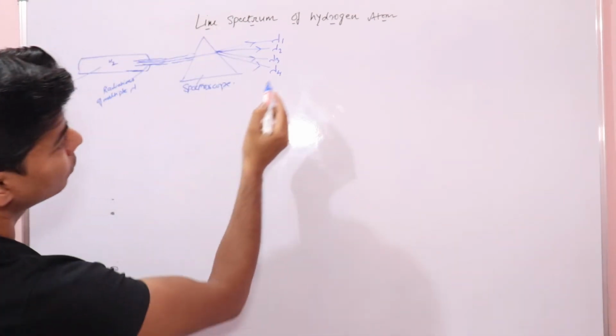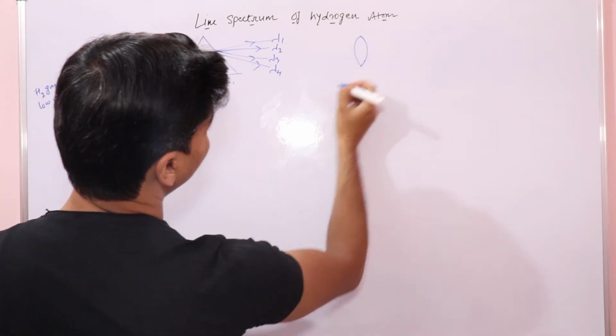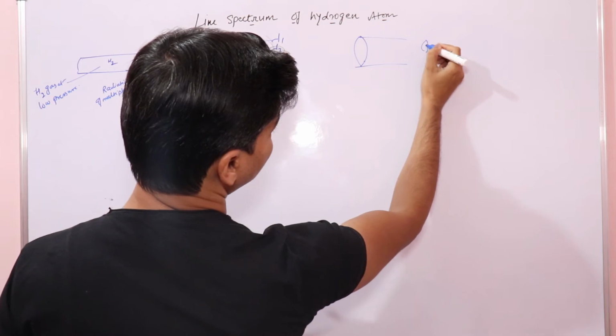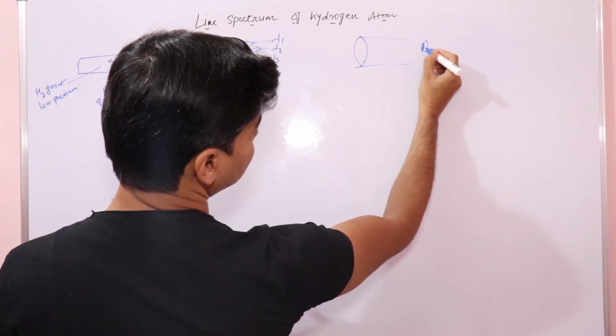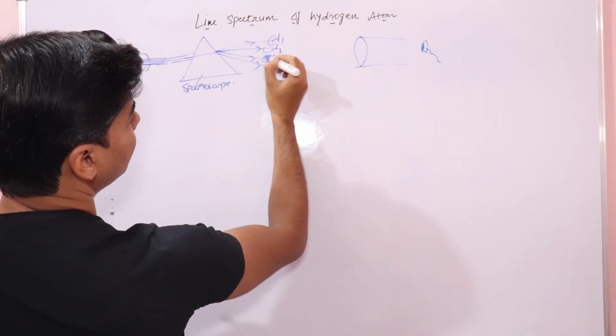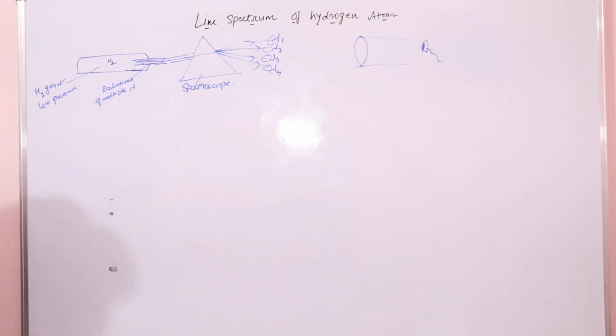Now if you have a telescope in this arrangement, some scientist sitting here can look at these radiations, he can observe these resolved radiations which are resolved by this spectroscope.